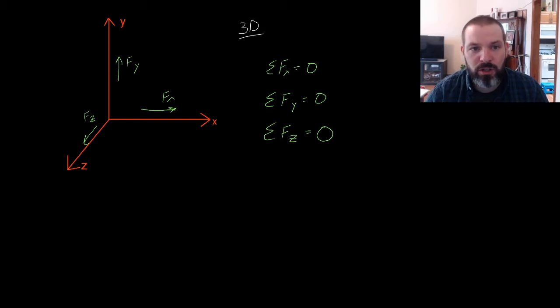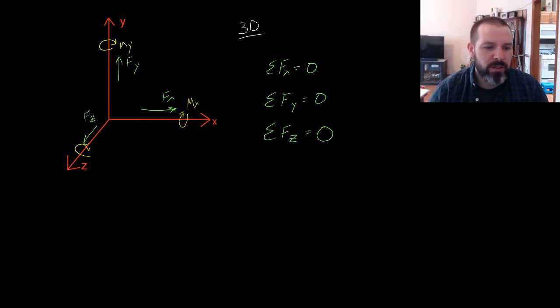Now, forces aren't the only thing we talked about. We also have moments to consider. When we have 3 dimensions, we have moments that act around each of the primary axes. So we have moments acting around the x, moments acting around the y, and moments acting around the z.